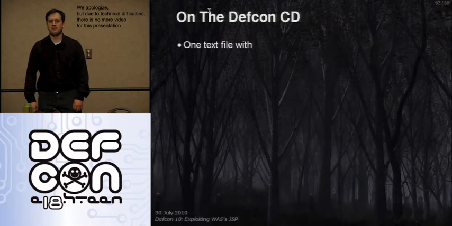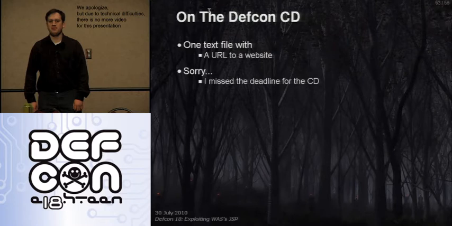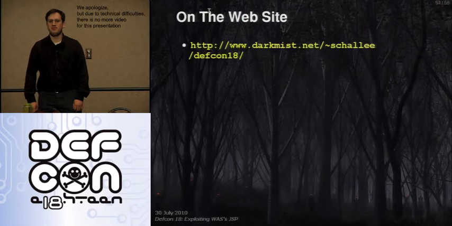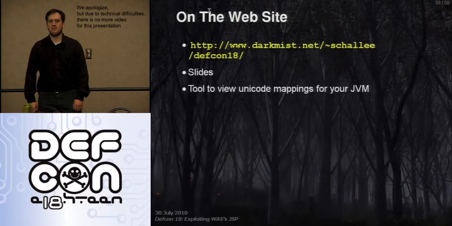On the Defcon CD, there's one text file with a URL to a website because I missed the CD deadline. Sorry. But on the website, and I'll be uploading this, there are slides. There's a tool to do the mapping of your JVM, which will list out all the different byte combinations for UTF-8, go through them, and show you what they're being converted to, and also what they do with the file system.